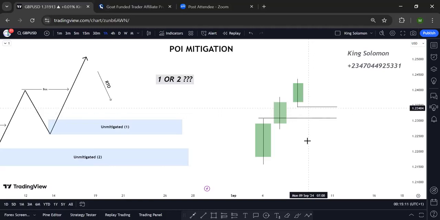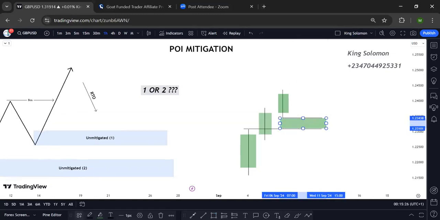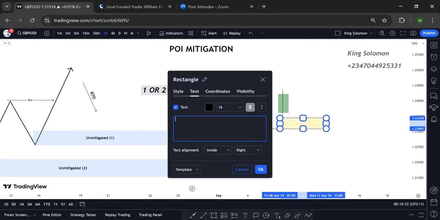Now, if a candlestick comes to wick into this space, I'm going to put this as a yellow space so you'll be able to understand. Let's say this is the FVG, the middle, center order.